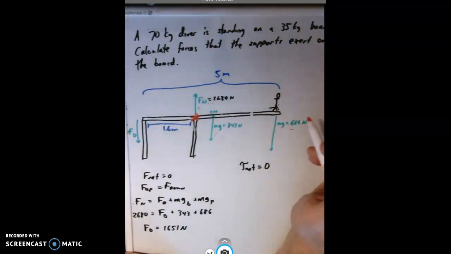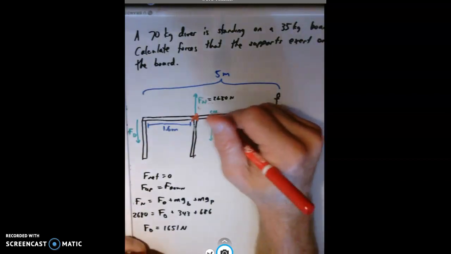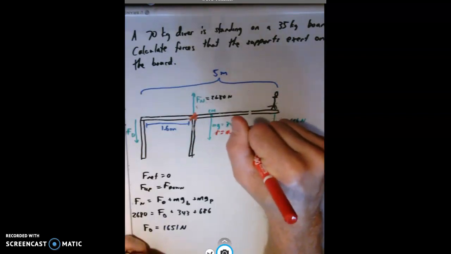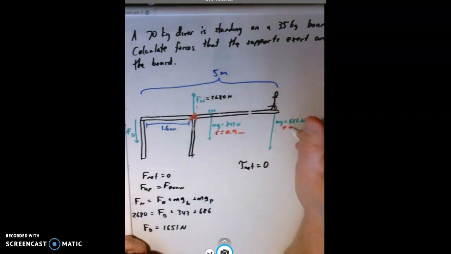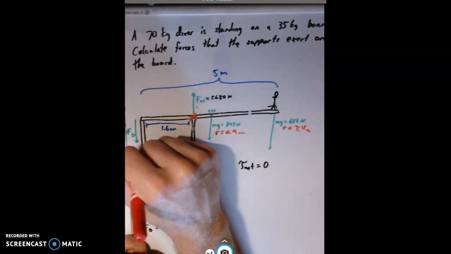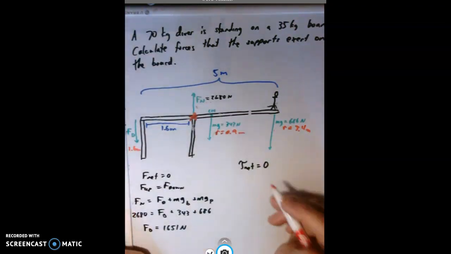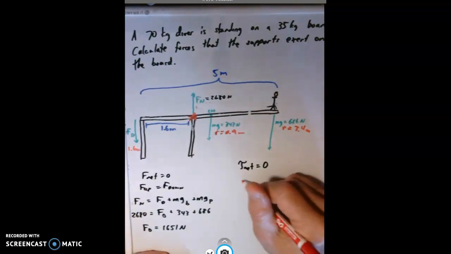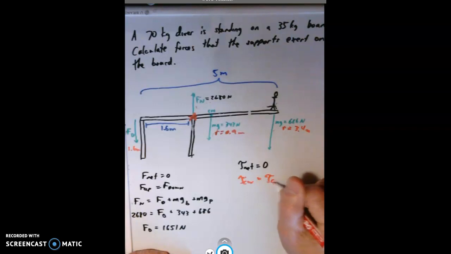What that means, of course, is I'm going to have different values for the radii. This one is now 0.9 meters. This one is 3.4 meters. And this one is, of course, 1.6 meters. So then I could write my clockwise torques equal my counterclockwise torques.